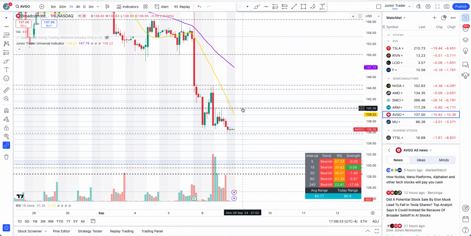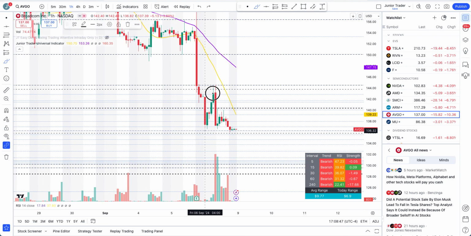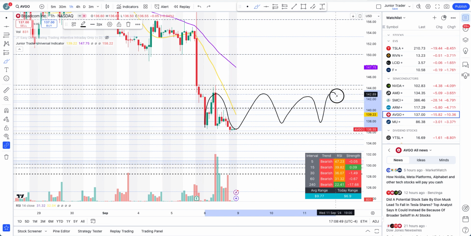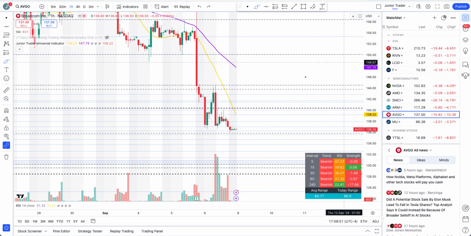A good possible rebound is not possible unless we break 140.36 to the upside. If we can break above 140.36, then sure, some upside is possible. Intraday only though, because overall structure is right now negative. We'll have to see a lot of consolidation here before the overall structure tries to turn upside. Otherwise, no, this is still in the bearish structure.